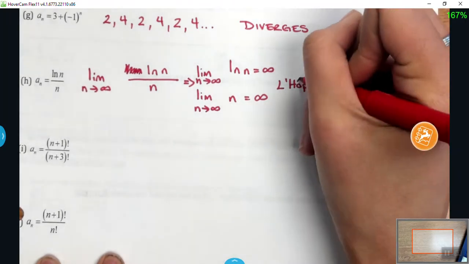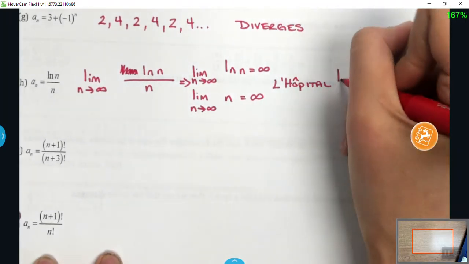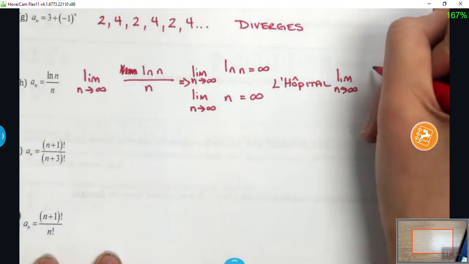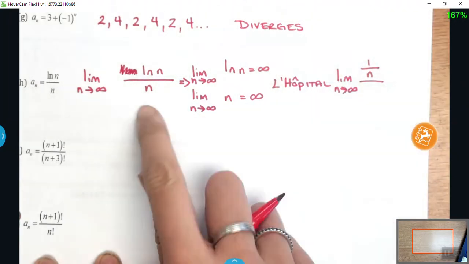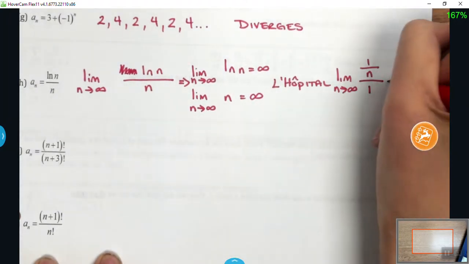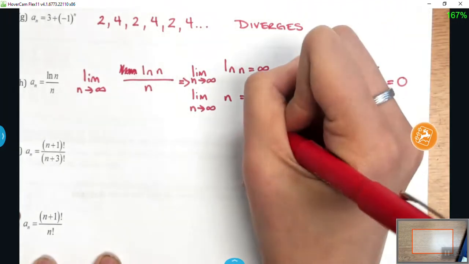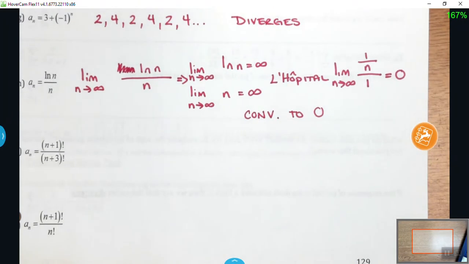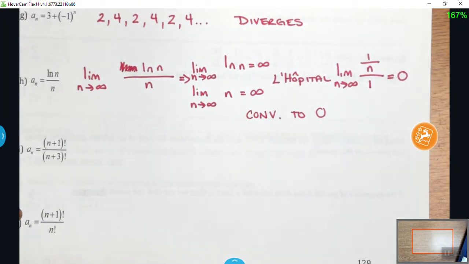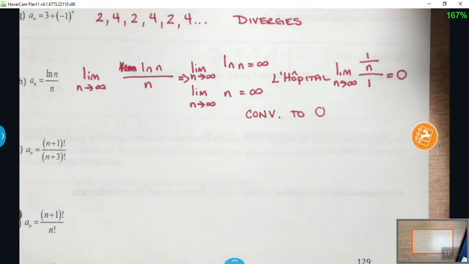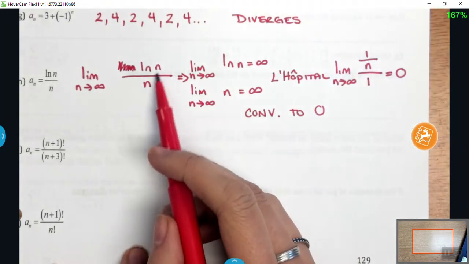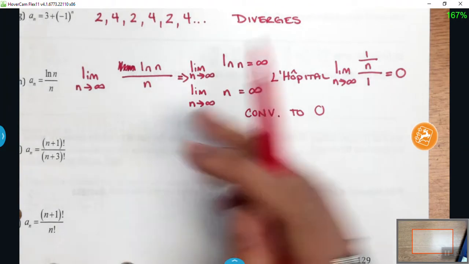The derivative of the top is 1 over n. The derivative of the bottom is 1. Plug in infinity, this equals 0. So this is going to converge to 0. Since n will increase faster than natural log of n, can't you just use that to say it'll converge to 0 right off the bat? Yeah, if you noticed that this is going to approach infinity faster than this.